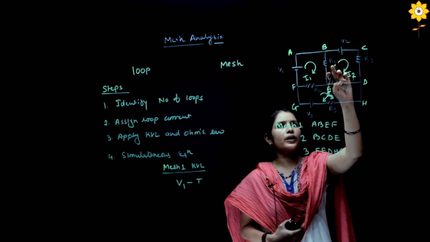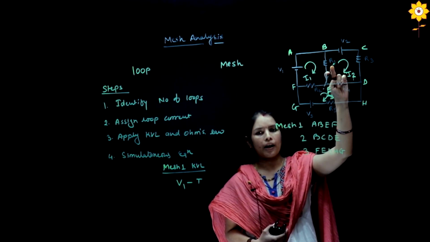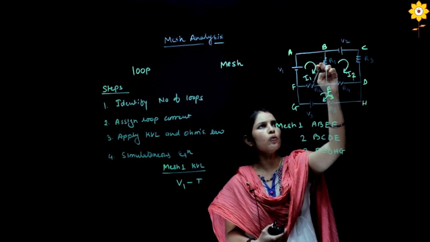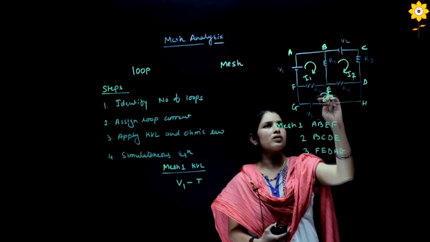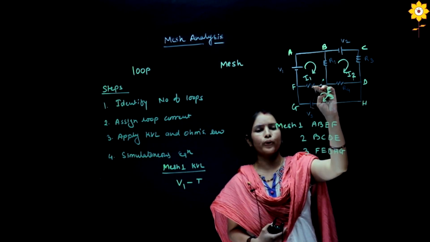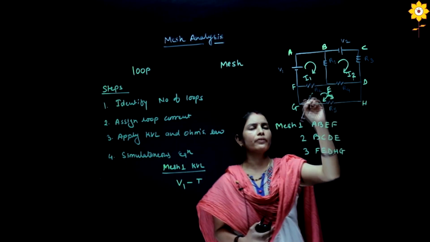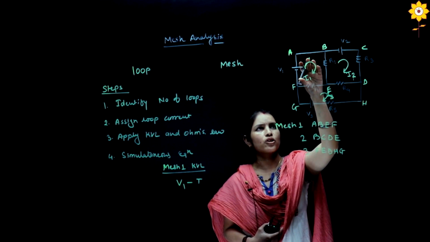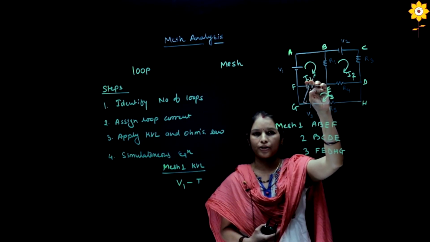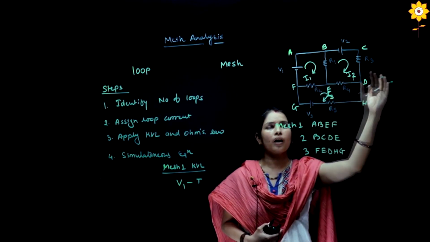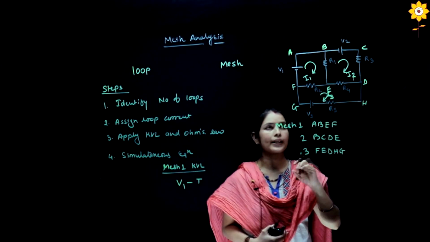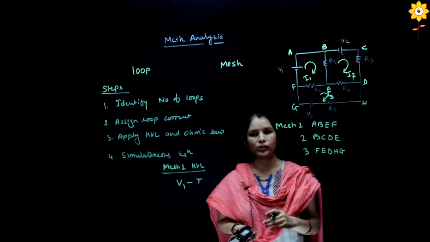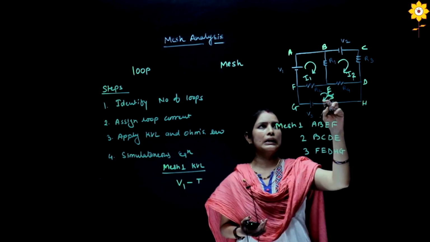But we can see that two mesh currents are flowing through R1, and similarly two mesh currents are flowing through R2. Whenever we are writing for the first mesh, we will consider I1's direction. If the other currents are flowing in the same direction, we will take them as positive. If they are flowing in the opposite direction, we will take them as negative.